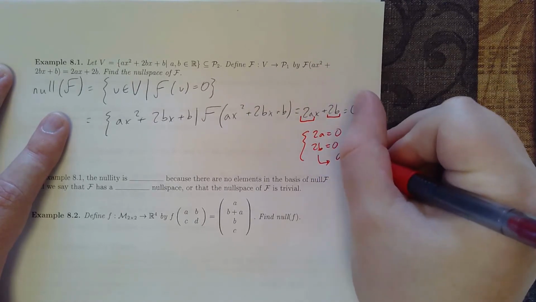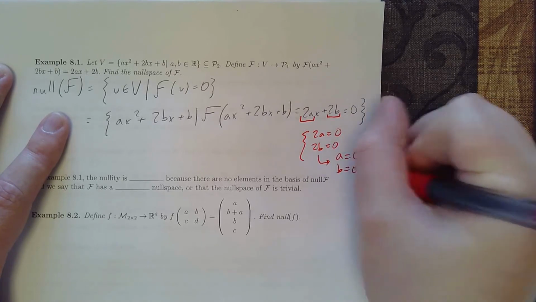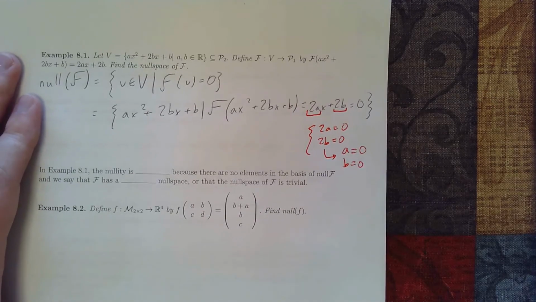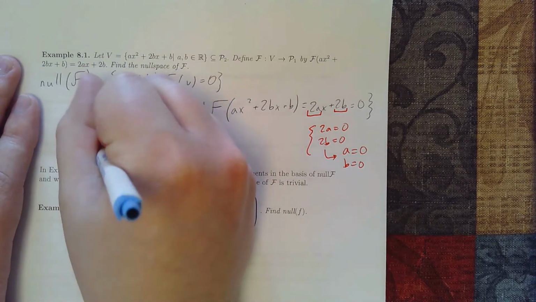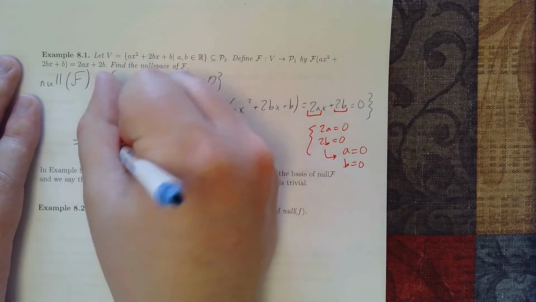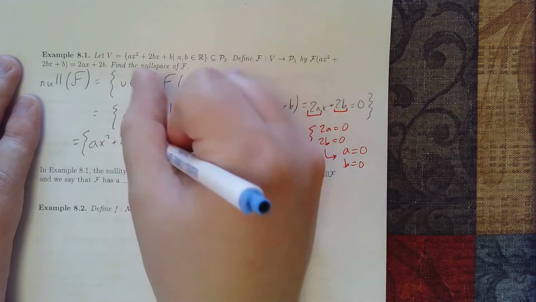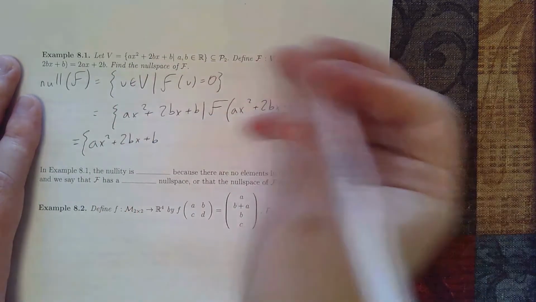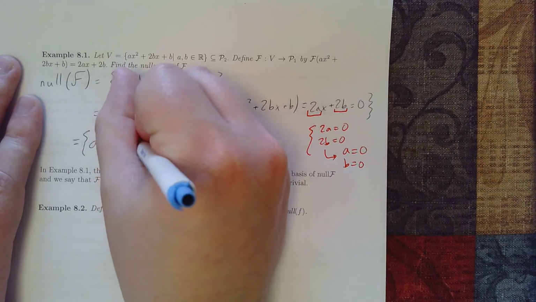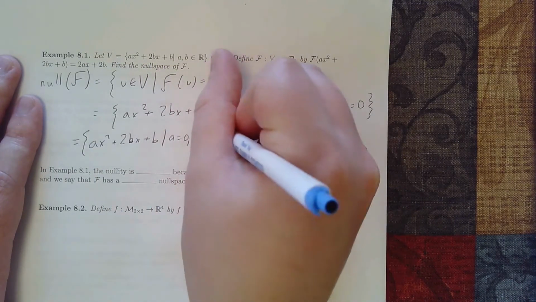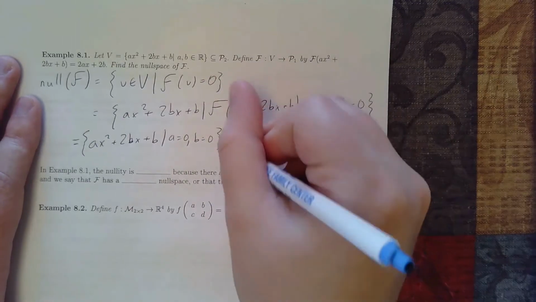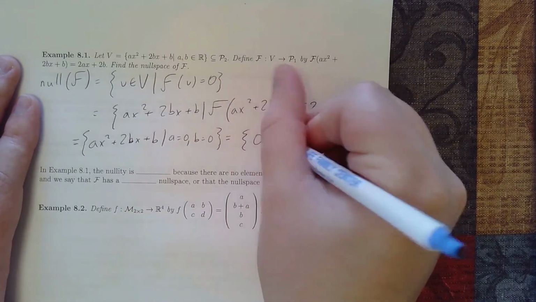So what this tells us is that a has to be 0 and b has to be 0. So what we really have is the set of all ax squared plus 2bx plus b such that a equals 0 and b equals 0. And so really what we have is just the 0 vector.